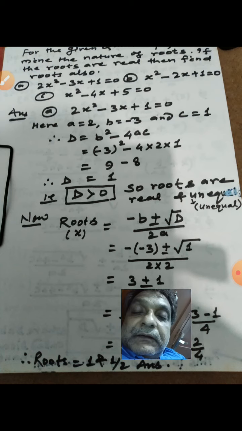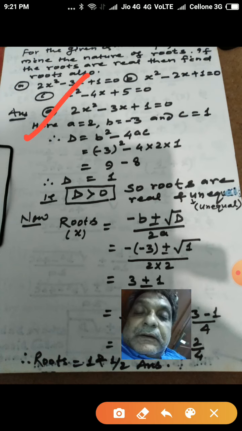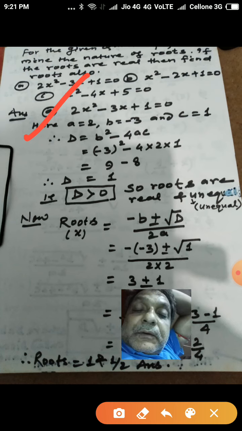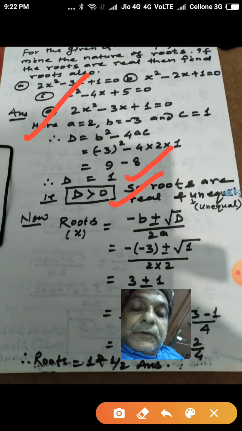The first case is the equation 2x square minus 3x plus 1 equal to 0. Here a equal to 2, b equal to minus 3 and c equal to 1. Finding the discriminant, b square minus 4ac, it comes 1, which is greater than 0. So the roots are real and unequal.